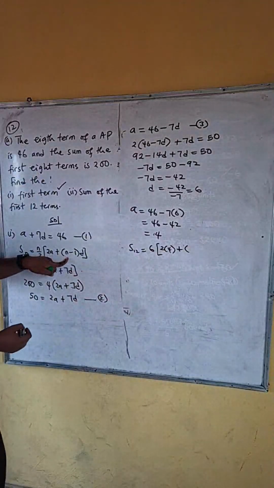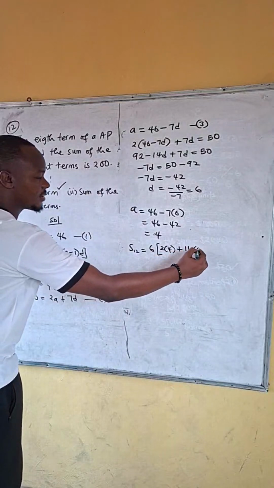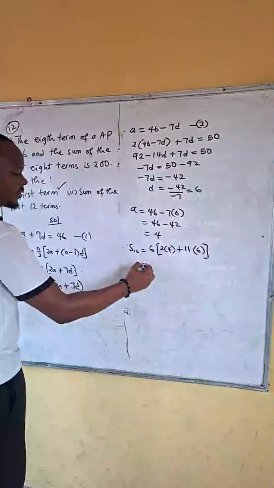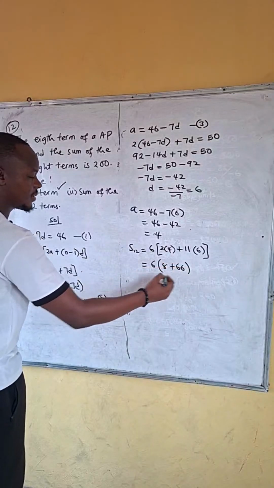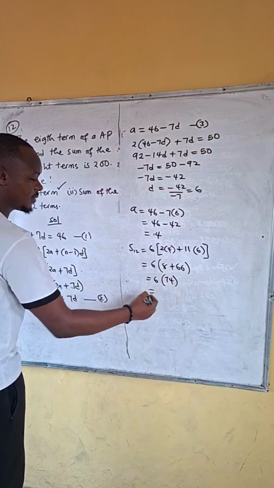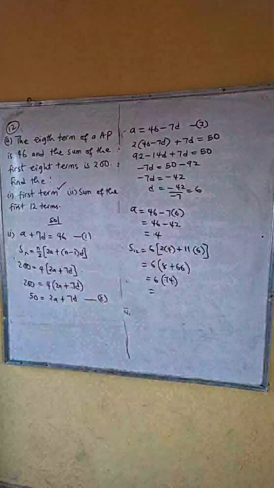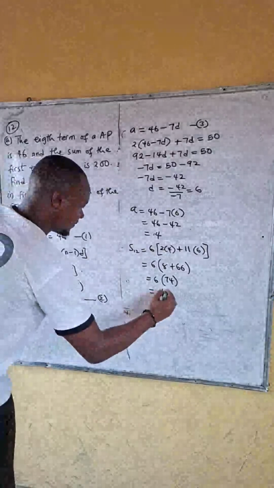N is 12, 12 minus 1 is 11, right? D is 6. So you have 6 times 8 plus 66. This is 74. 6 times 74 is what? 444. Yeah, that's correct.